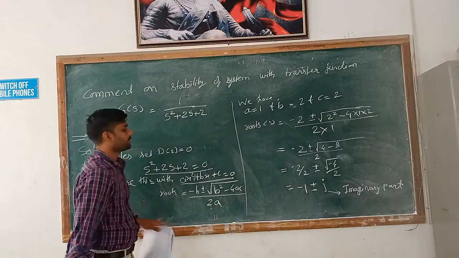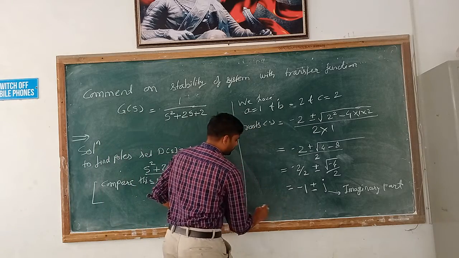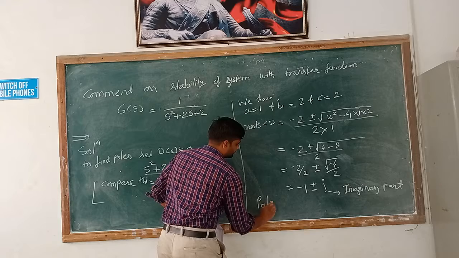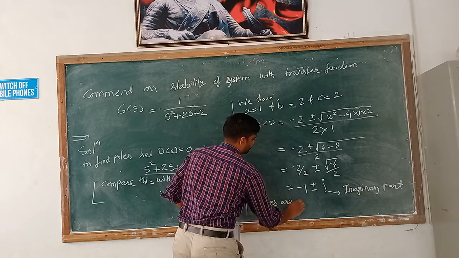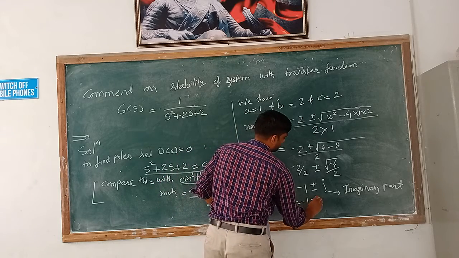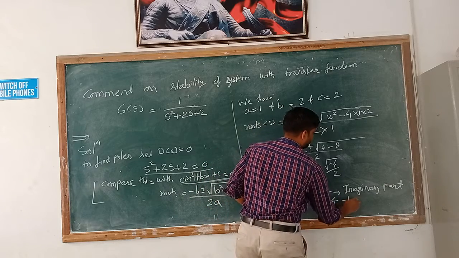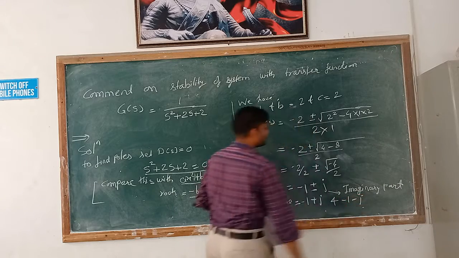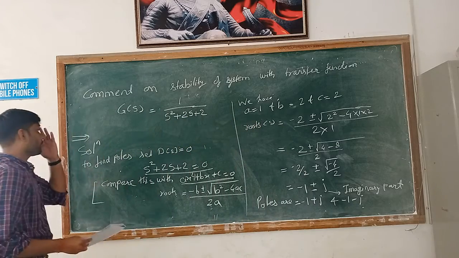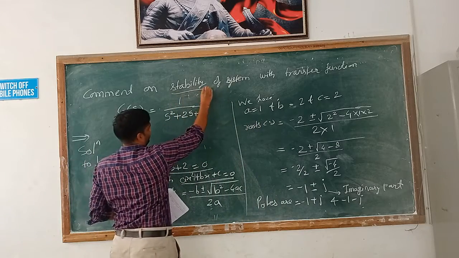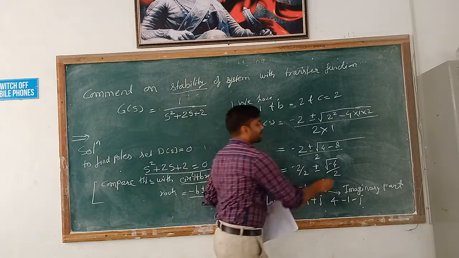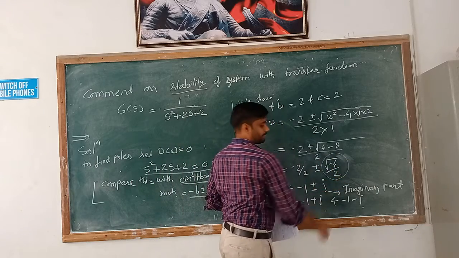Now we need to find out this. Therefore, the poles are minus 1 plus j and minus 1 minus j. So these two are the poles. Now we need to comment only on the stability. Sometimes we solve this value.